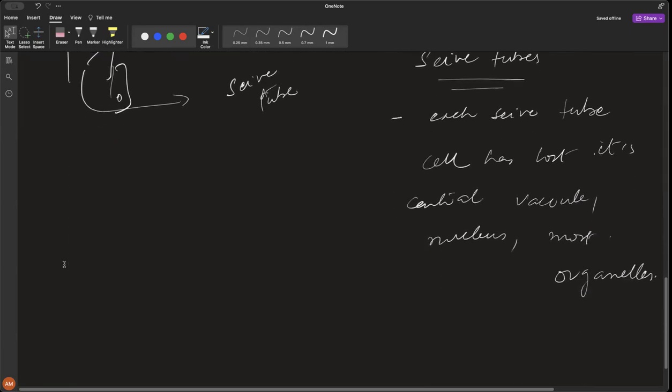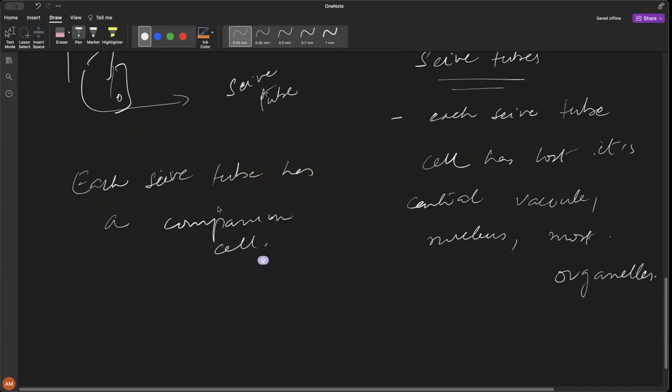So each sieve tube has a companion cell. Excuse me, just write this down. Give me a second.